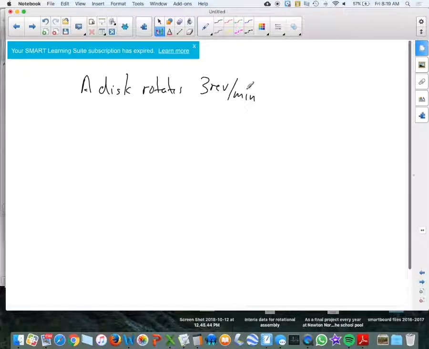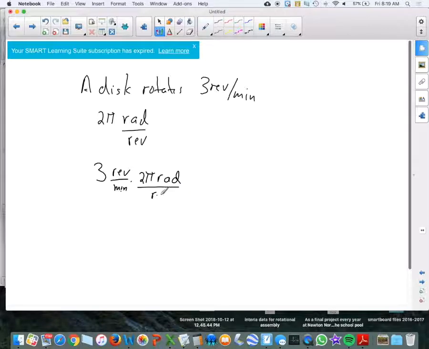There are 2 pi radians per revolution. So you could say 3 revolutions per minute times 2 pi radians per revolution. And then 1 minute is the same as 60 seconds.